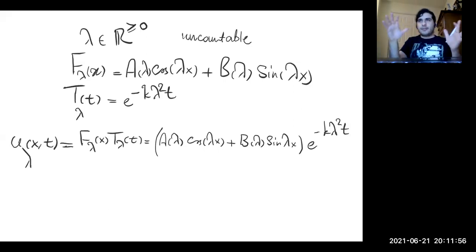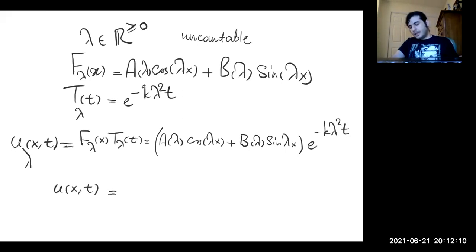So again, if there were finitely many or countably many of these lambdas, we would define u of x and t to be a linear combination of these things, with a sum. But they're not countably many, they're uncountable.